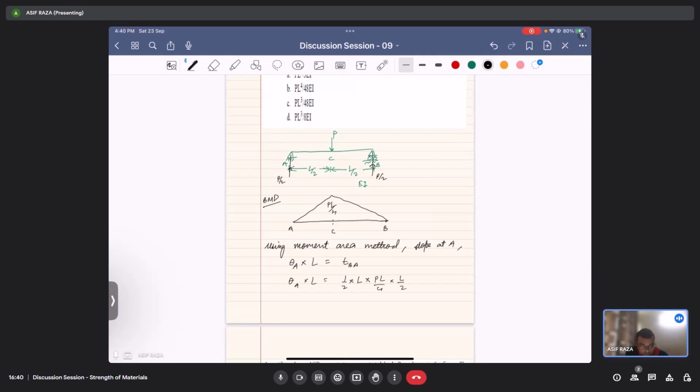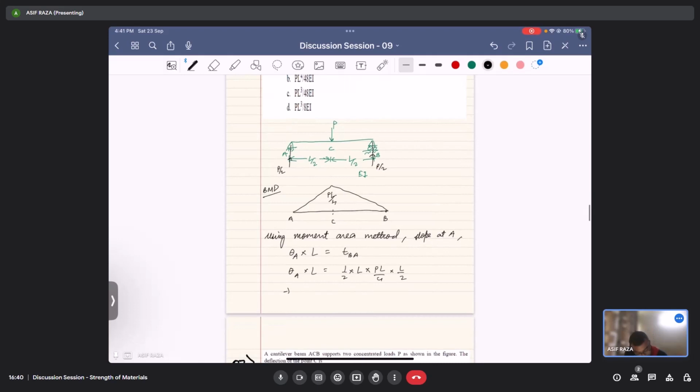So this would give me theta A as PL square by 16 EI.